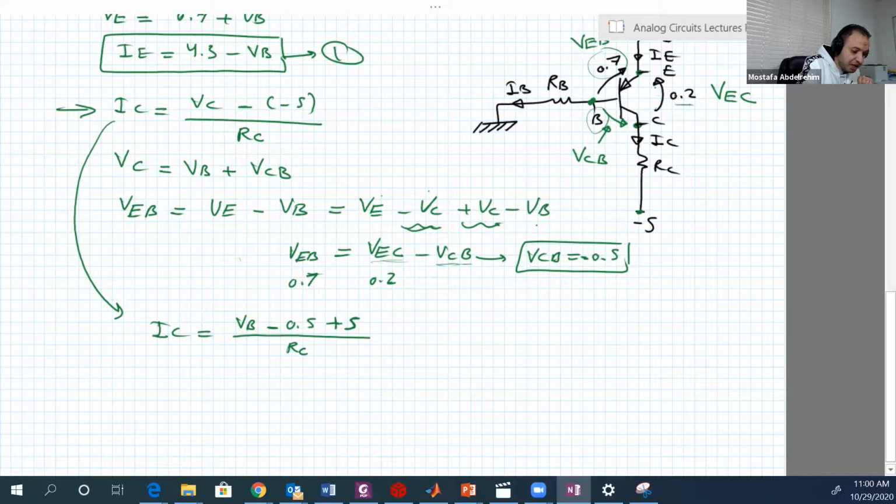Basically, we can make a Kirchhoff here. That is actually a Kirchhoff in that loop. So from that loop, this voltage plus this one is equal to this one. So this should be plus. Oh, I'm sorry.